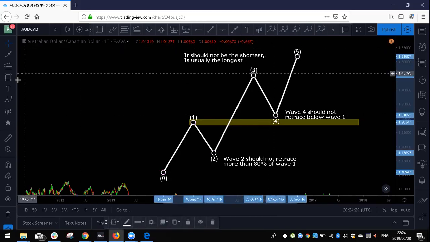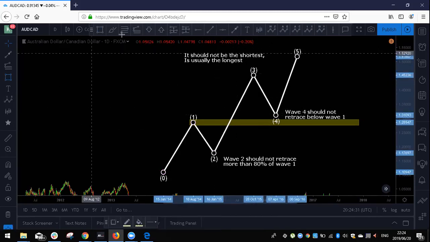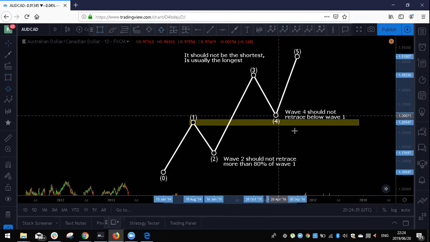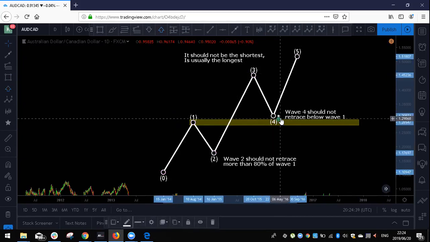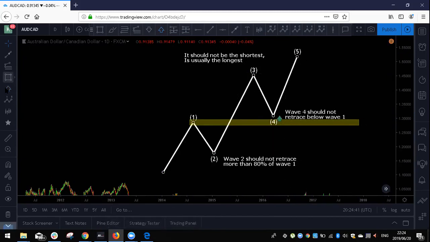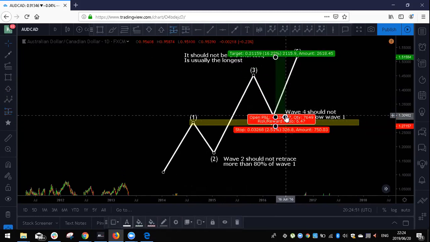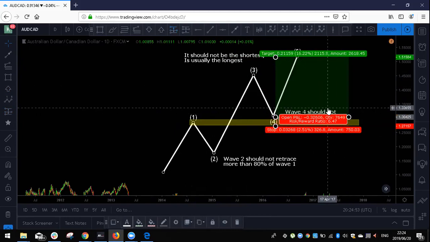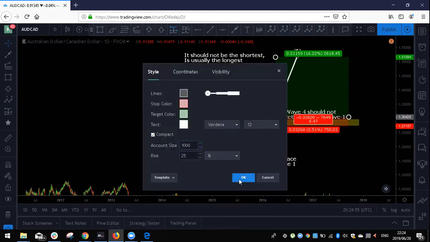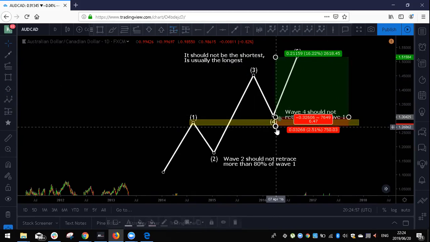Let's say you want to take a buy somewhere there, and you already know it's a wave 4. So your stop loss needs to be below wave 1. At that point in time, you'll know that the wave has been invalidated.